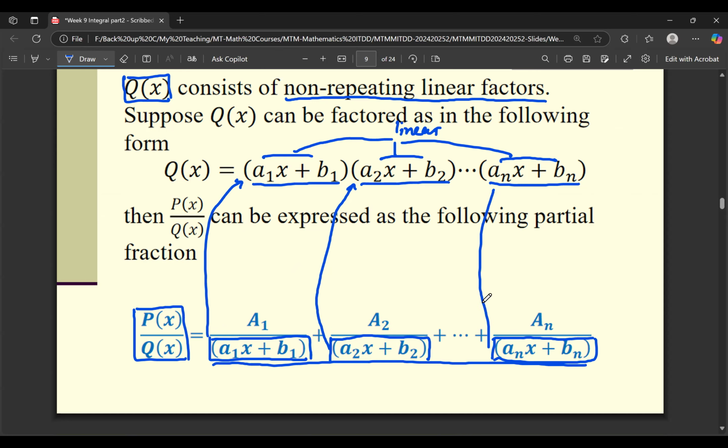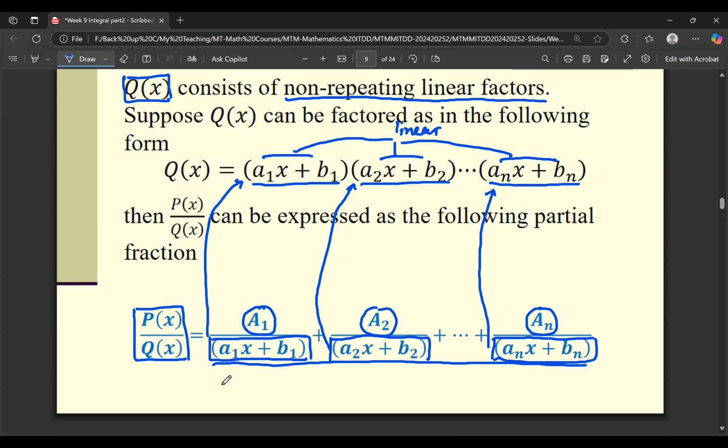But the problem is we don't know the numerators. In this case, the numerator must be constant.